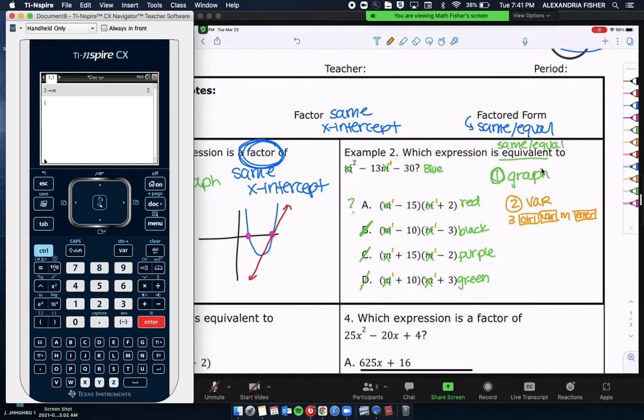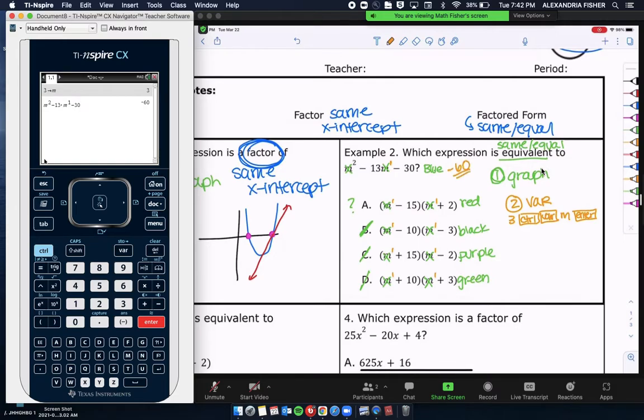So you have, we're going to put this one in there first. m squared minus 13m1 minus 30, enter, that's negative 60. So that gave us negative 60.